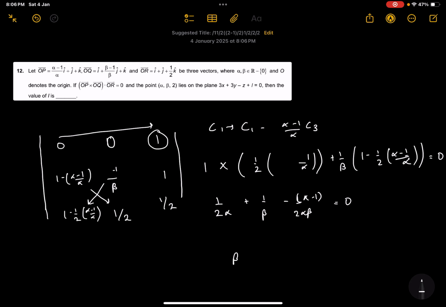Which is beta plus 2 alpha minus alpha minus 1 upon 2 alpha beta equals to 0, which gives us alpha plus beta plus 1 equals to 0.